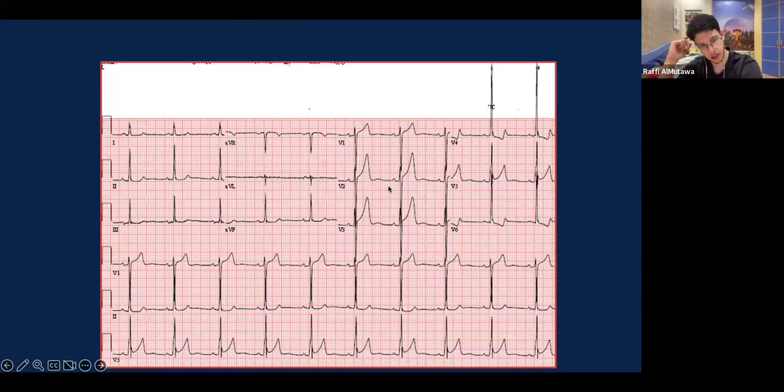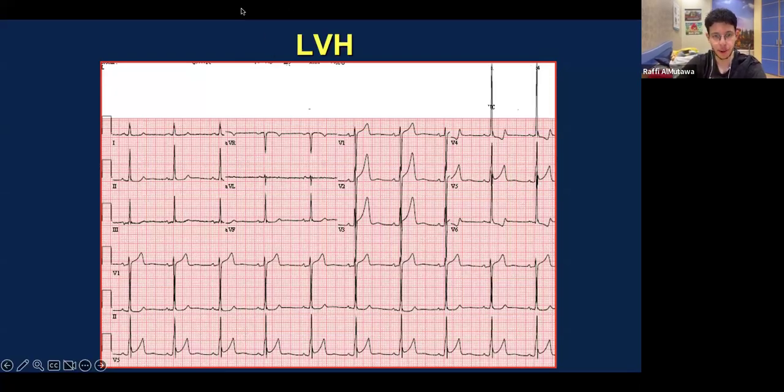What about this over here? What do you guys think is going on? Okay, anterior MI with LVH. Interesting.